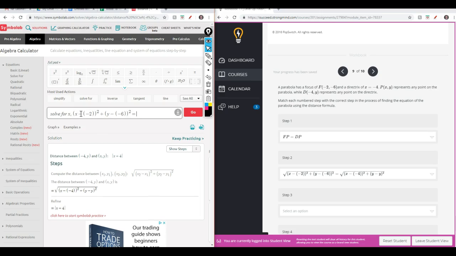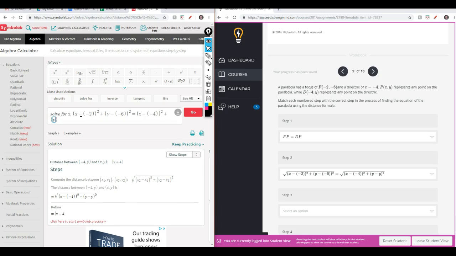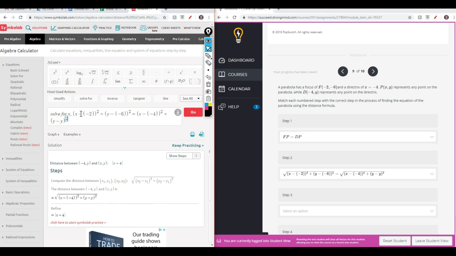That's going to equal, parentheses, x minus -4 being squared, plus, parentheses, y minus y being squared. So I just copied what was underneath that square root sign, because the very first step again is to square both sides, and that would reduce that square root sign out.